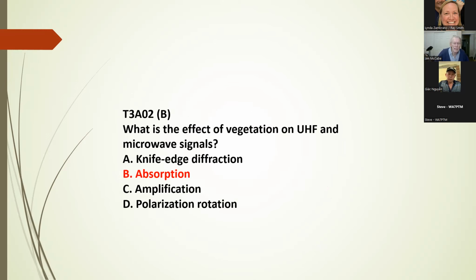And I think this is maybe the last one. What is the effect of vegetation on UHF and microwave signals? Remember what we talked about earlier, that in that overall spectrum, the very high frequencies, microwaves, shorter wavelengths tend to be absorbed. In other words, trees get in the way and absorb it.